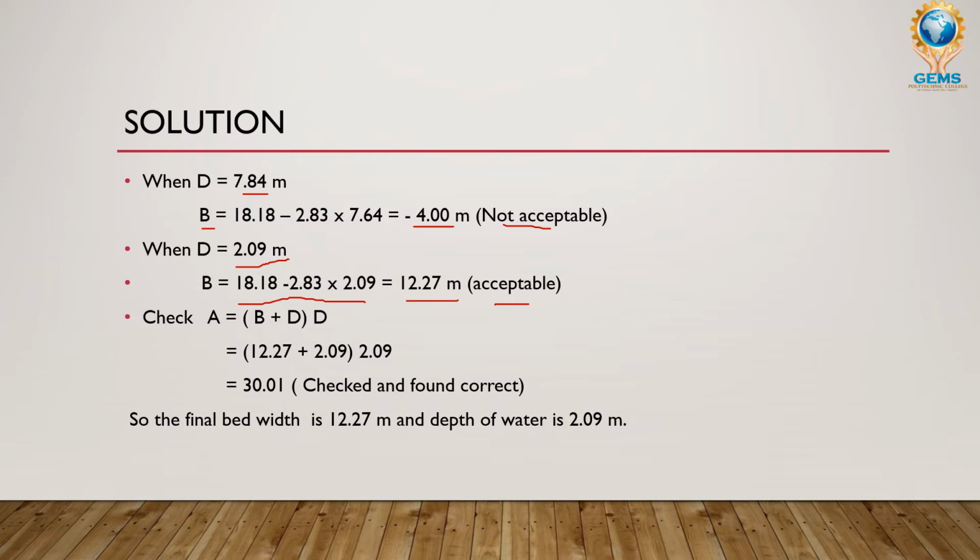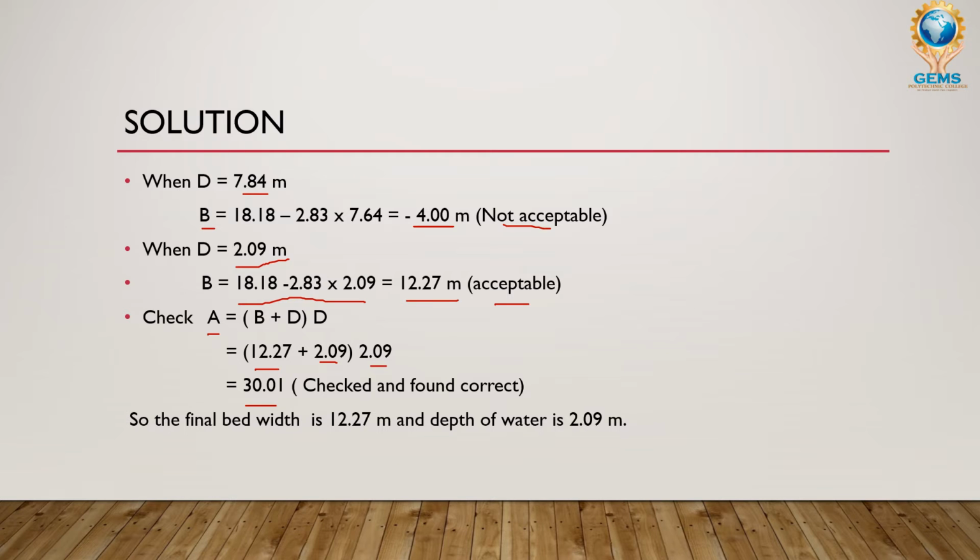Now in order to check whether our value is correct, you are going to substitute into the equation a is equal to b plus d into d, which is from the previous slide. In that, you are going to substitute 12.27 for b and 2.09 for d.